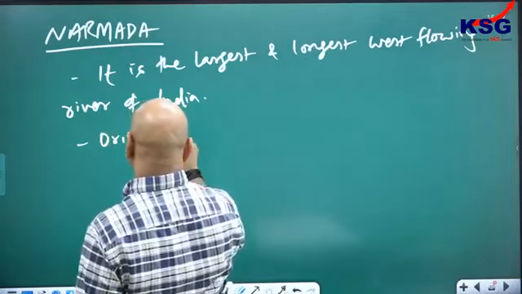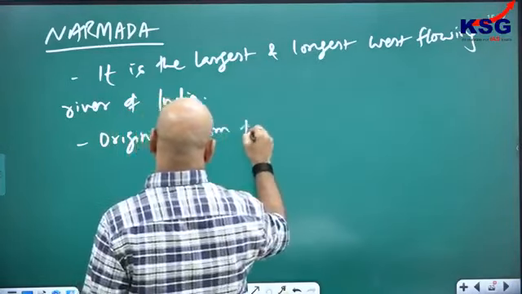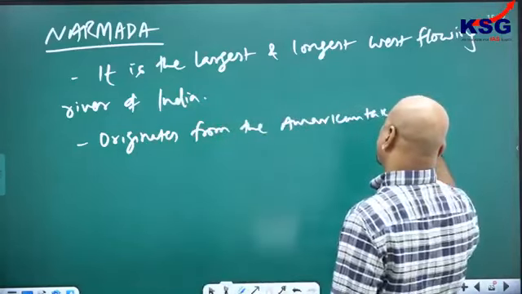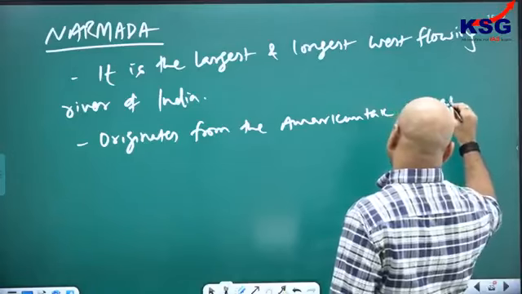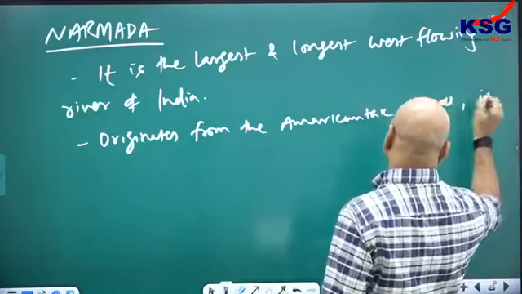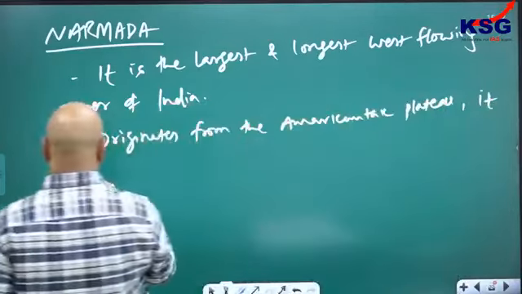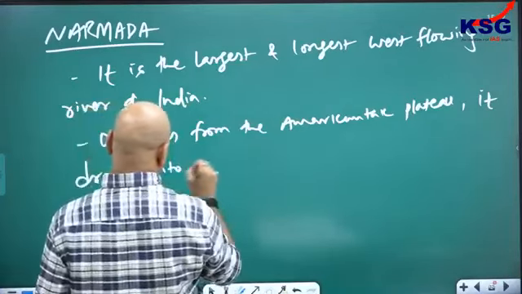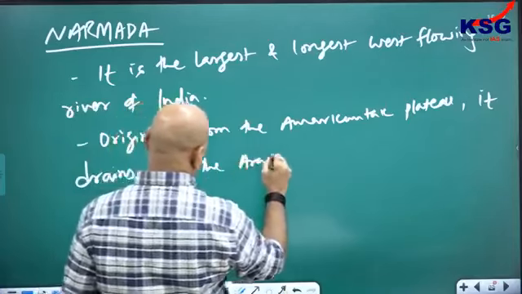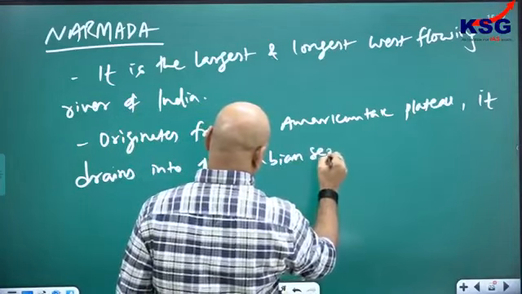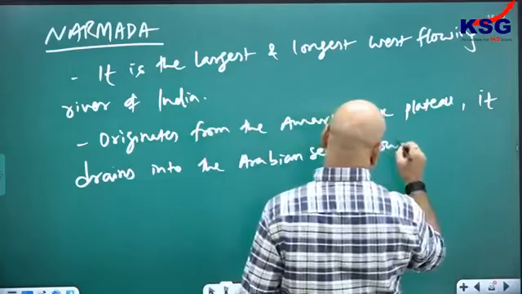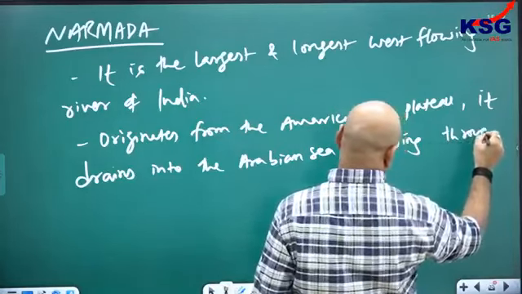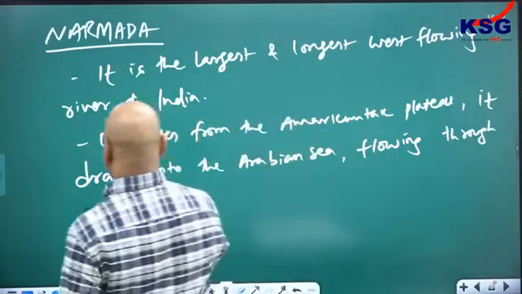Originates from the Amarkantak plateau. It drains into the Arabian Sea, flowing through a rift valley.